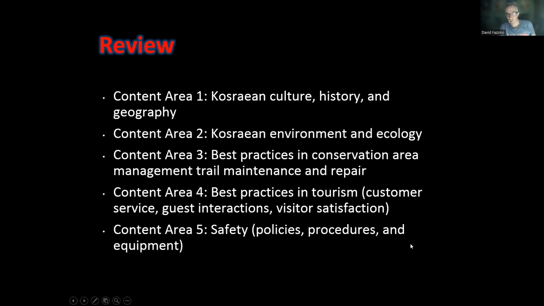So the content areas, as you probably recall: Kosraean culture, history, and geography. We spent a lot of time there discussing maps, the cultural history of Mahkontowe, some of the general geography of the Mahkontowe Conservation Area, and its importance overall.